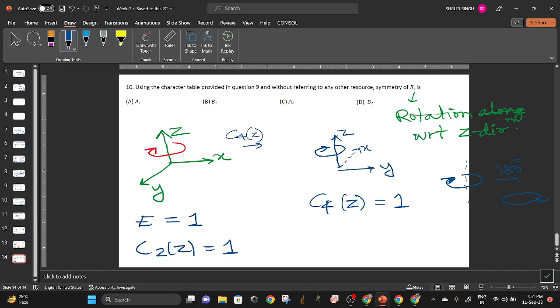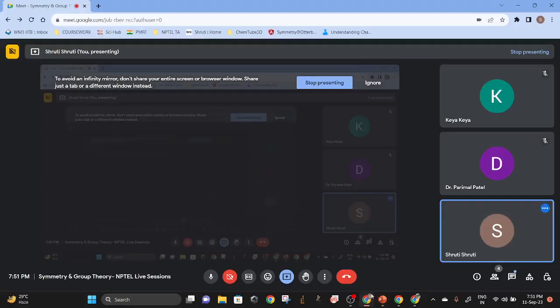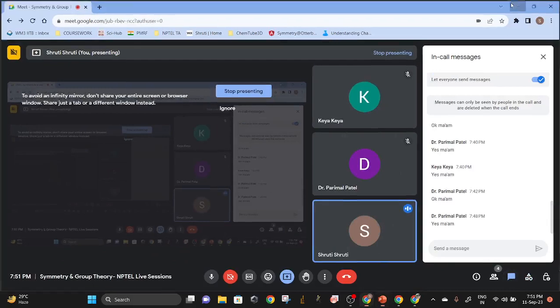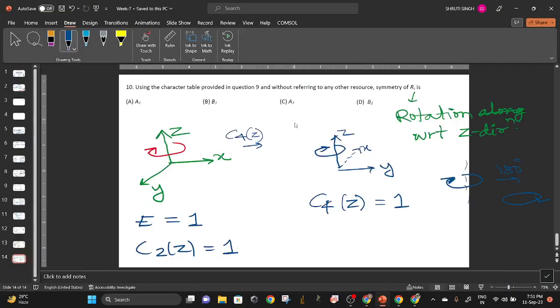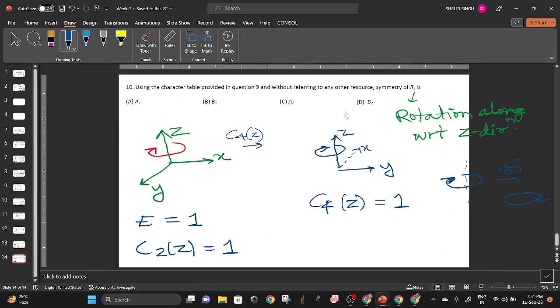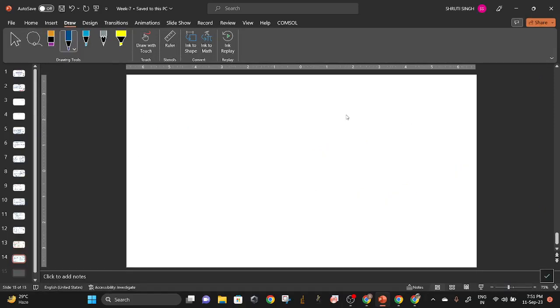Now the change comes here from this question. The change is with respect to the sigma planes, sigma V and sigma D. Let's see what sigma V will do. My rotation was like this. Let me join this.